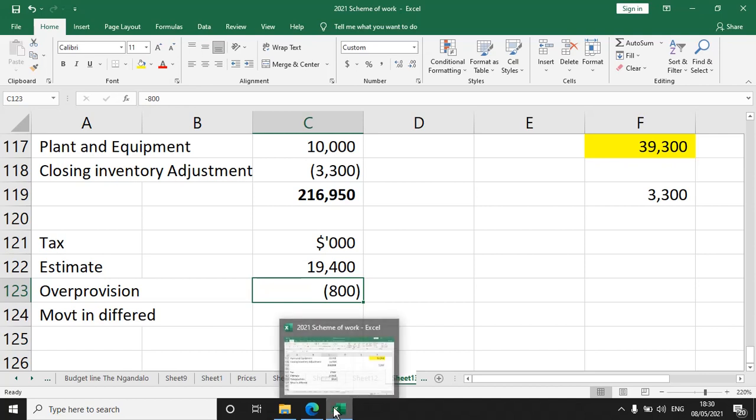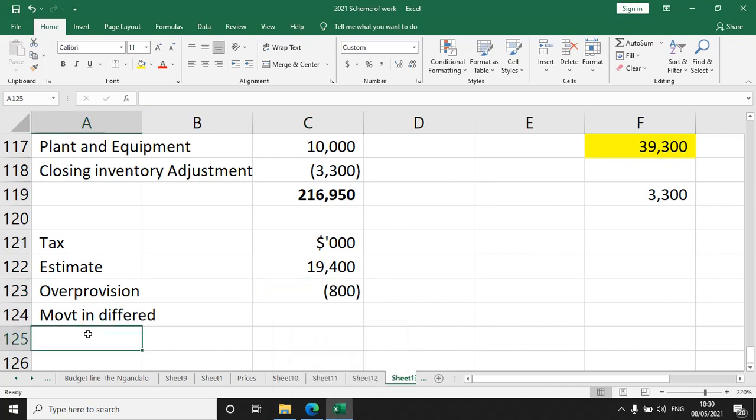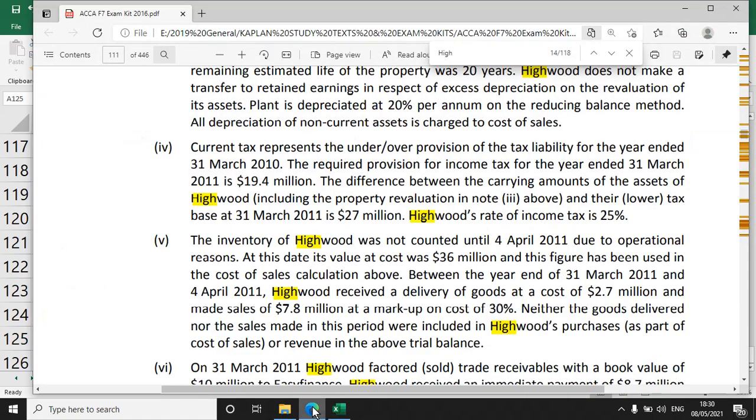And then movement on deferred tax, we need to be a little bit careful. We are told that the difference between the carrying amounts of the assets of Highwood, including the property revaluation in note 3 above, and their lower tax base is 27 million.